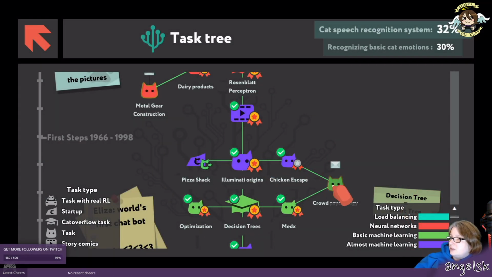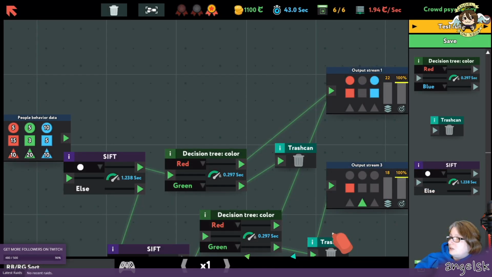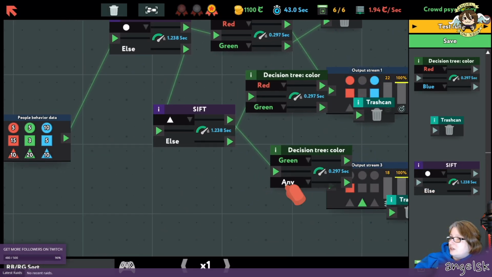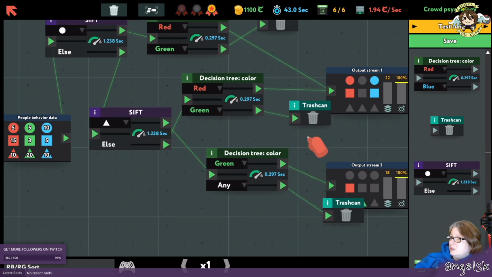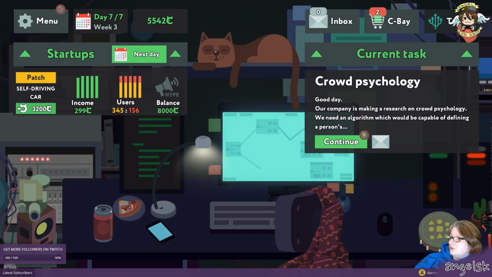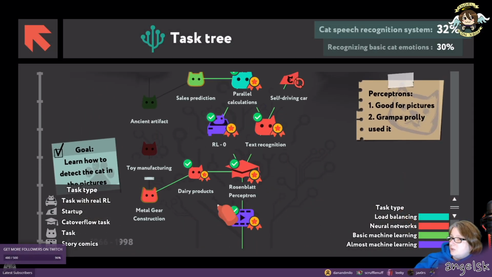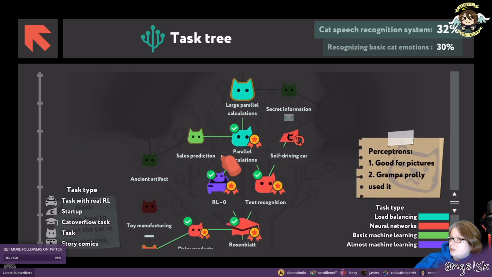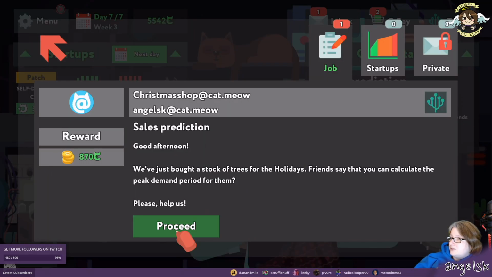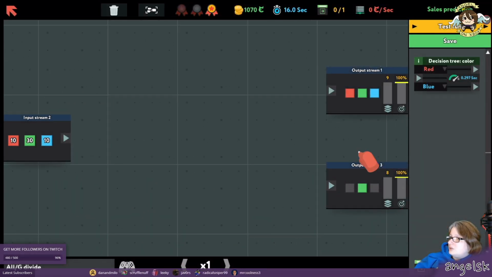I think. And crowd psychology. Oh my god, yeah, I remember this one. Yeah. The cost is going to be less, but it's not going to fix the speed. Oh, I mean, there was something with the speed anyway. Let's do sales prediction. Oh, stock of trees. You can calculate the peak period. Okay. Sure. Decision tree.